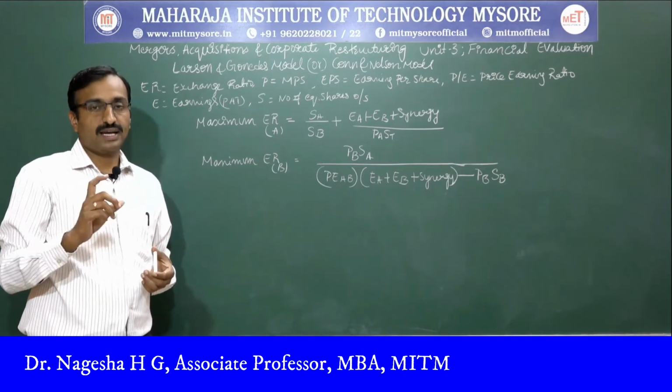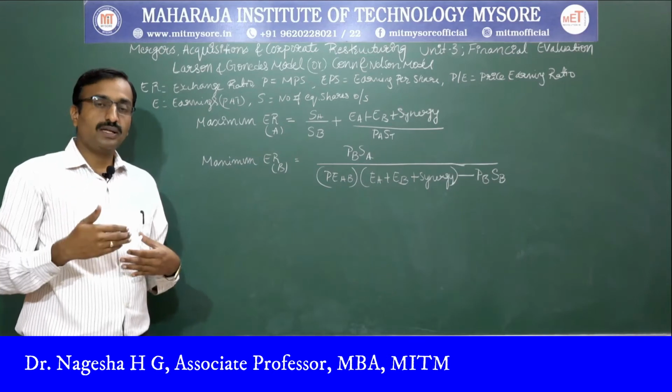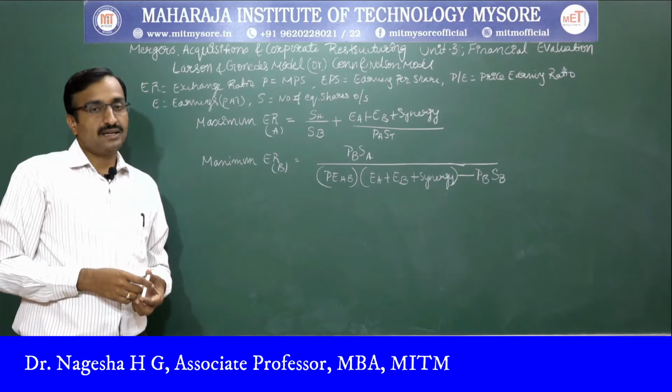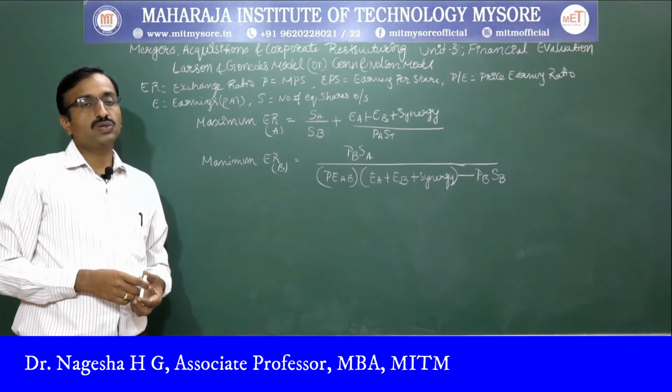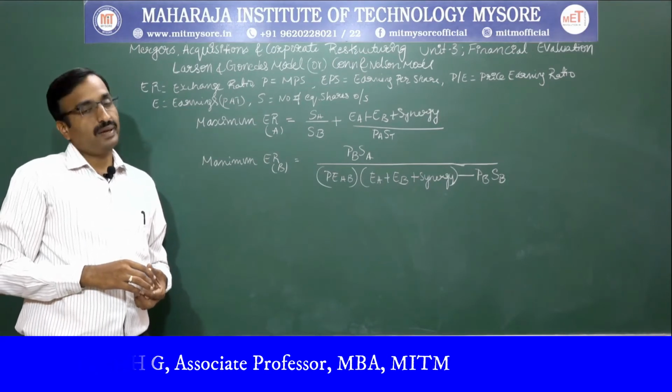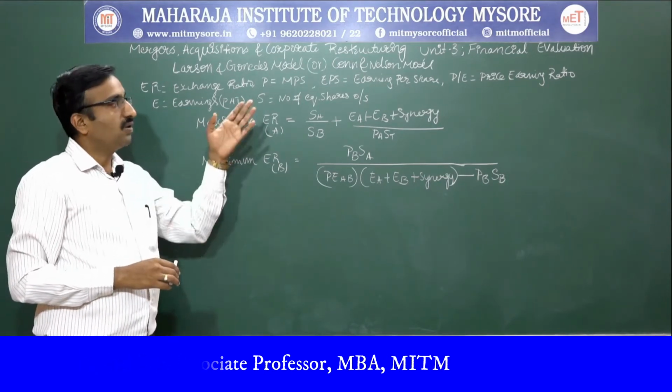So we compensate between these two in terms of maxi and mini. That is called the Kohn and Nelson model.